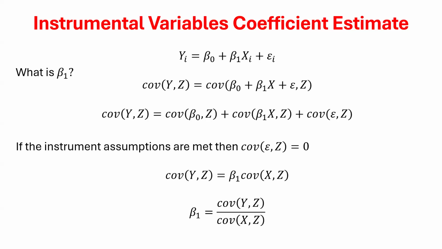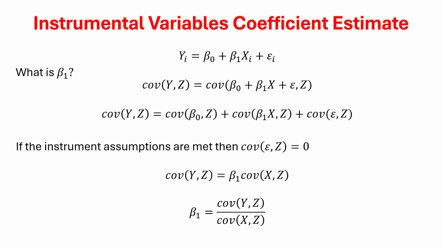So if I then run this regression, what do I end up with? Well, I end up with essentially this, right? The estimate for my beta 1 value is going to be the covariance of Y with Z over the variance of Z. So what I now have is this estimate equal to the covariance of Y with Z over, oh, I left this out, sorry.